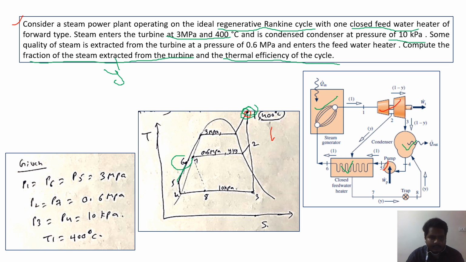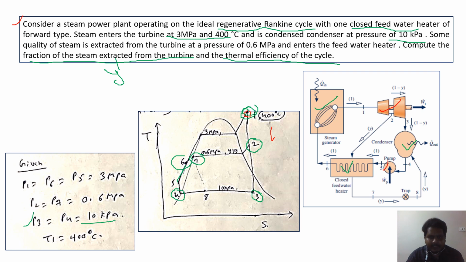And one more thing is, we are extracting steam at point 2, so P2 equals P7, that is 0.6 megapascal. 3 to 4 is again condensation at constant pressure, so P3 equals P4 at 10 kilopascal.